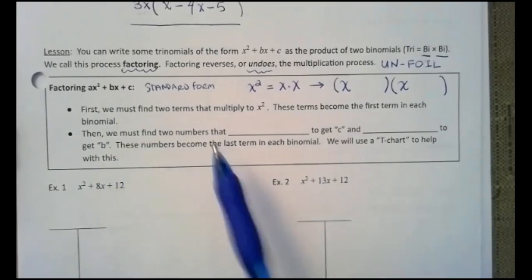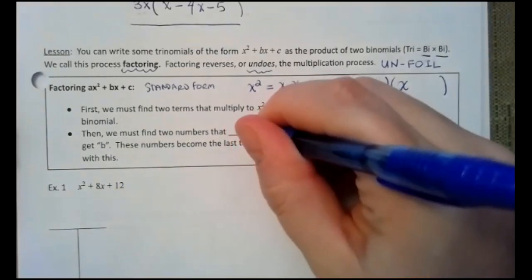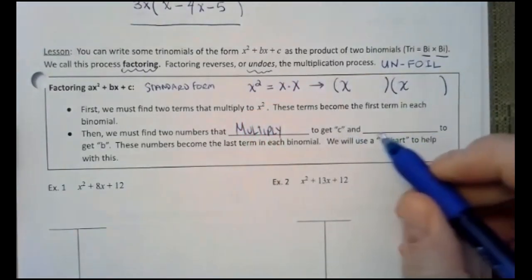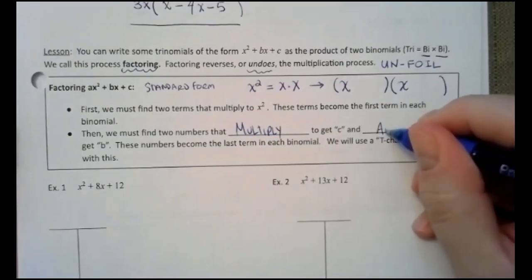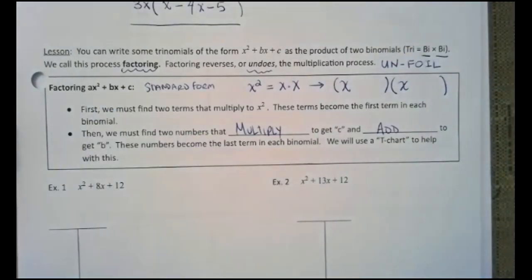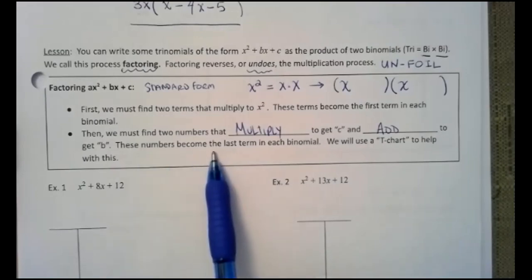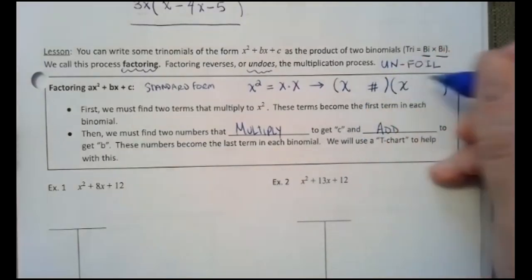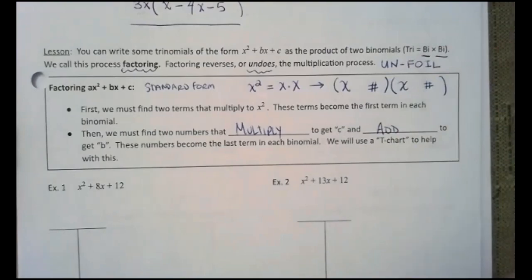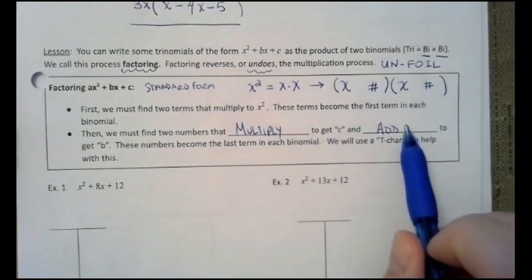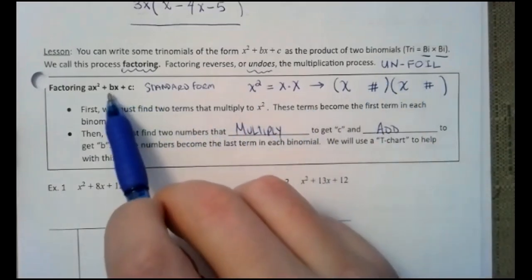You want to find two numbers that multiply to make the constant and add to make the coefficient of the linear term. These numbers become the last terms in your binomials. So I'm going to call these number and number. These two numbers have to multiply to make c. These two numbers have to add together to make the number in the middle.